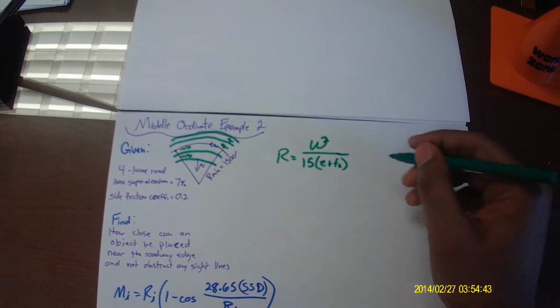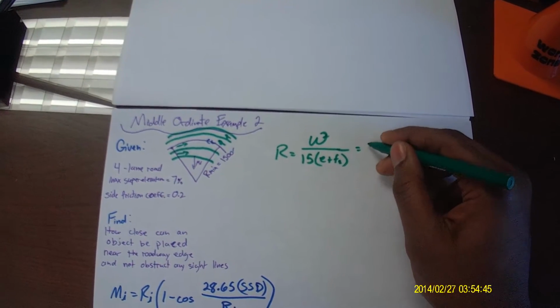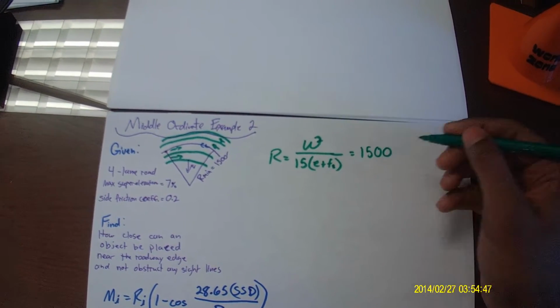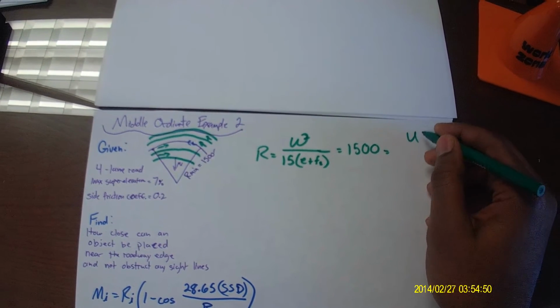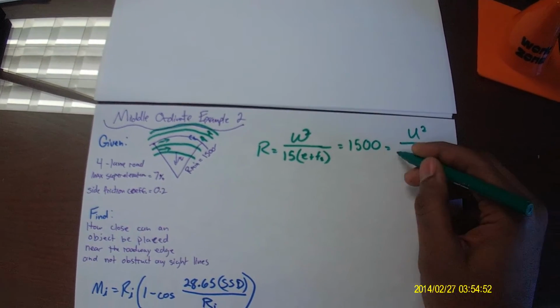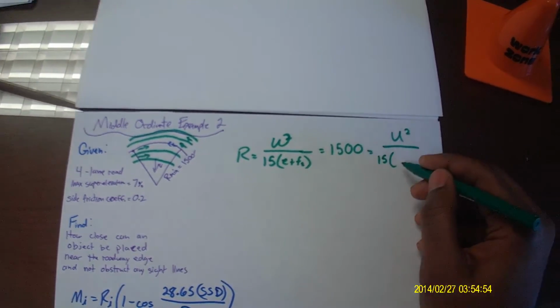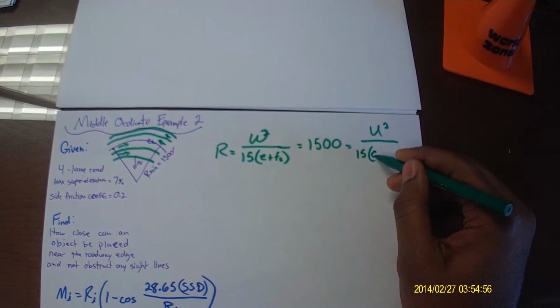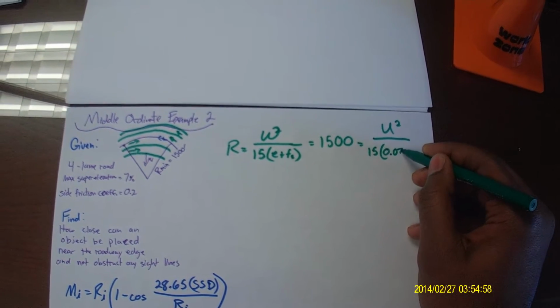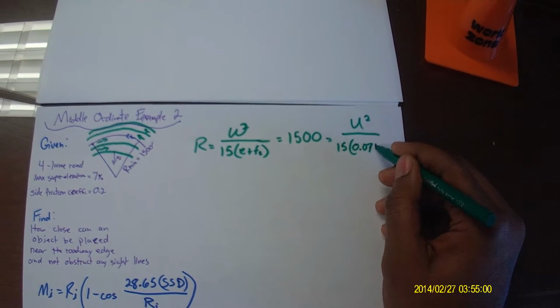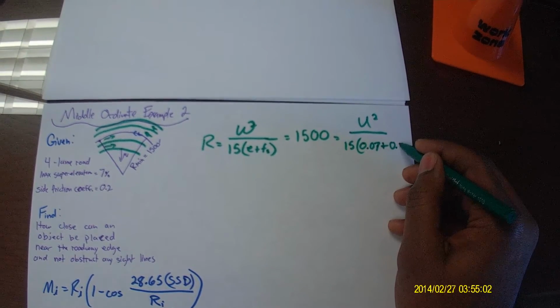That is also equal to 1,500 equals u squared over 15 times 0.07 plus 0.2. Remember, that needs to be a decimal. If it's not a decimal, it's not right.